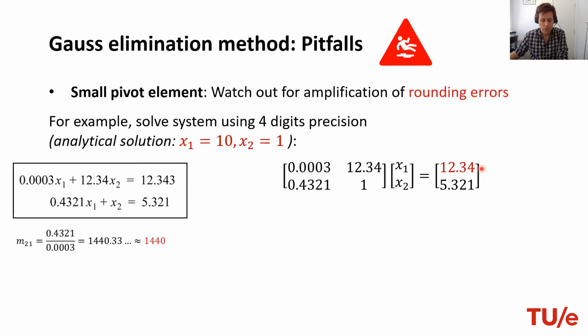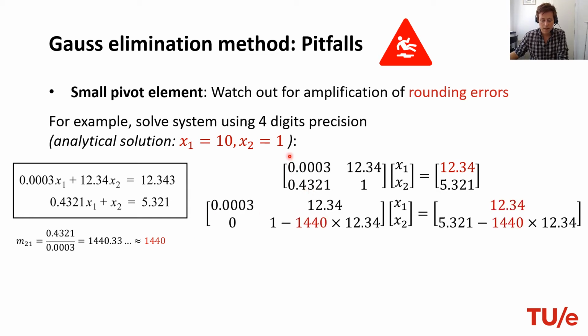Now we want to do forward elimination of this matrix, to convert it into an upper triangular form. The first thing we do is calculate the ratio between the element that we want to set to 0 and the pivot element. If we compute this ratio, we see that it is 1440.33, which in 4-digit precision gets rounded to 1440.